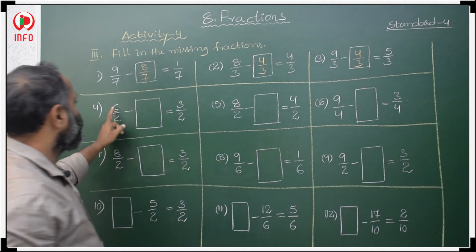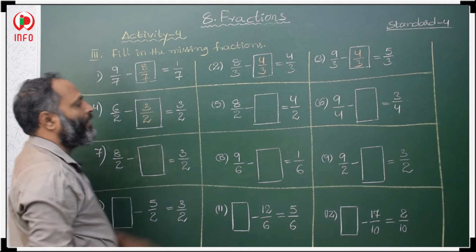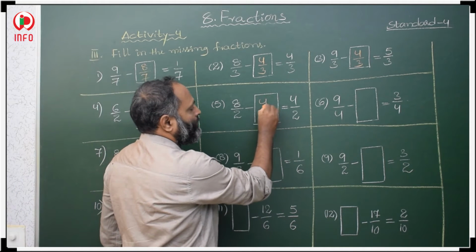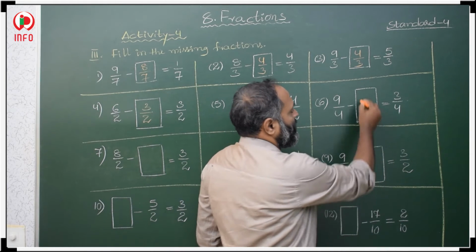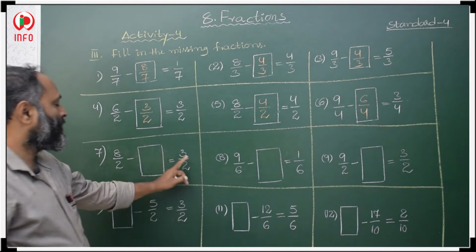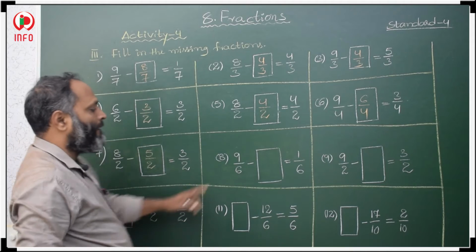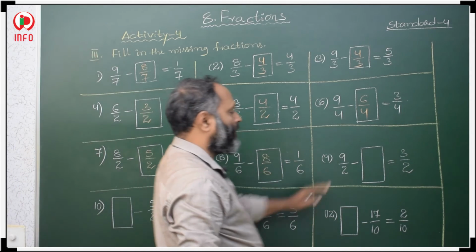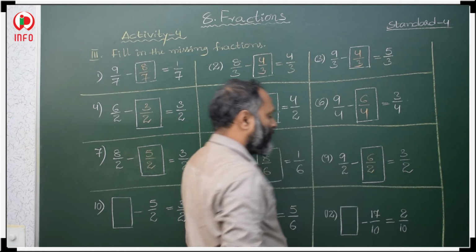So, then here also 6 minus 3 is 3, 3 by 2 we write. 8 minus 4 is 4, 4 by 2. 9 minus 3 is 6, 6 by 4 we write. Then 8 minus 3 is 5, 5 by 2. 9 minus 1 is 8, 8 by 6 we write. 9 minus 3, 6 by 2 we write.